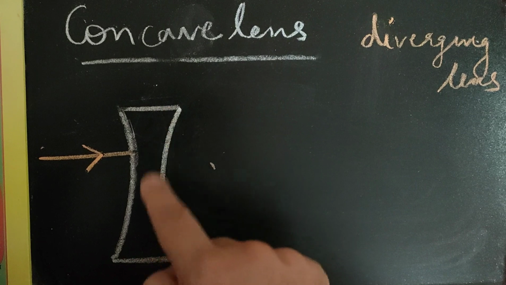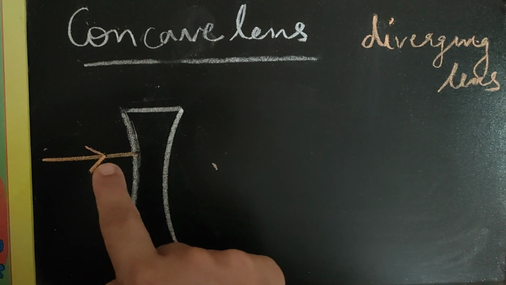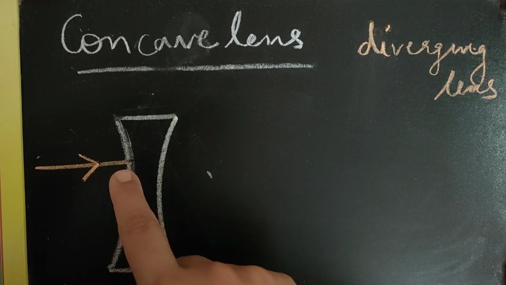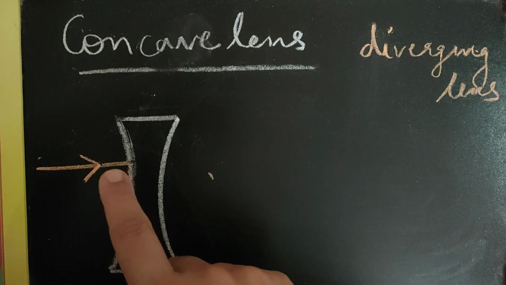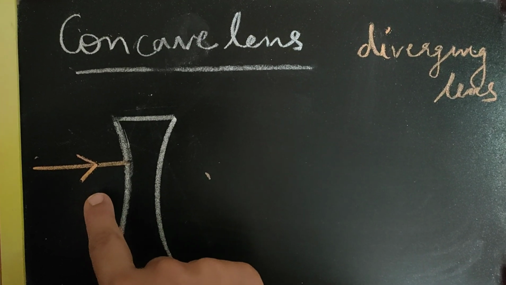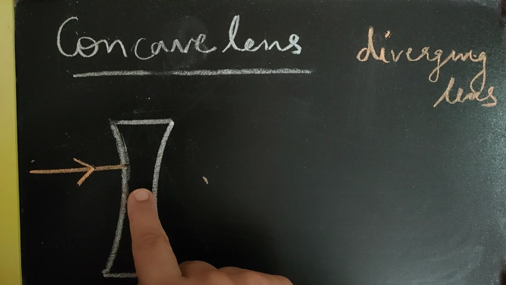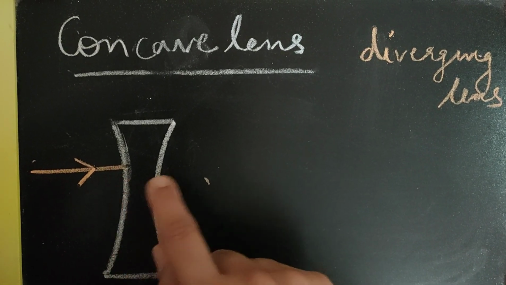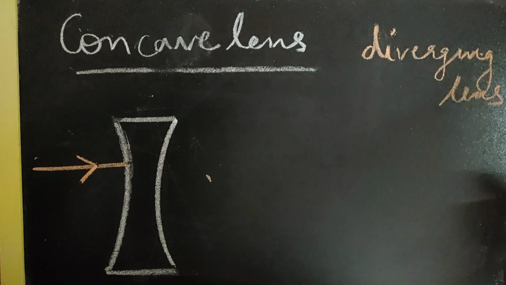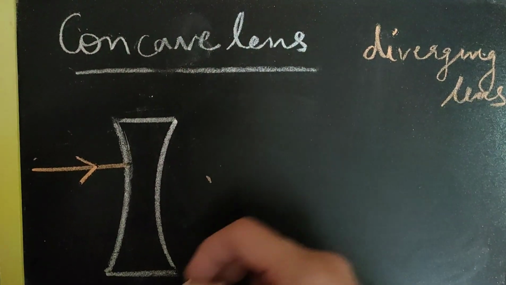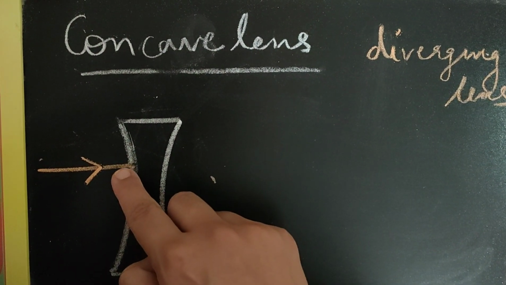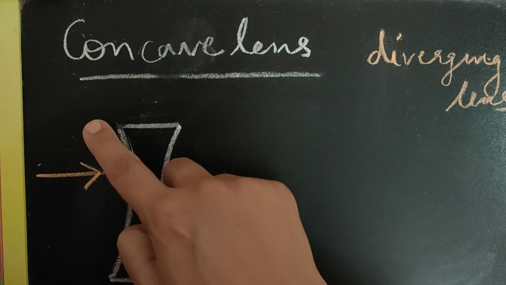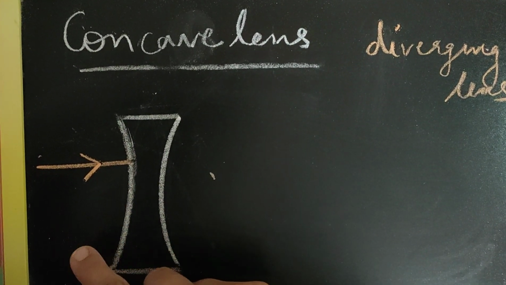Suppose this is a concave lens and this is a light ray which is incident on the concave lens. Again, light is going from air, a rarer medium, to a denser medium, and when we try to trace the path of light through this type of lens, again we drop a normal at this surface, the first refracting surface, which is curved in this direction.